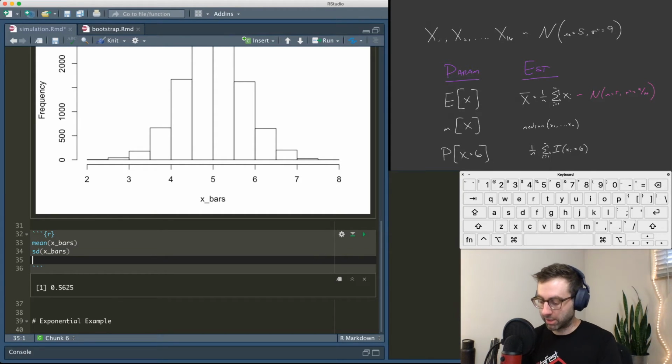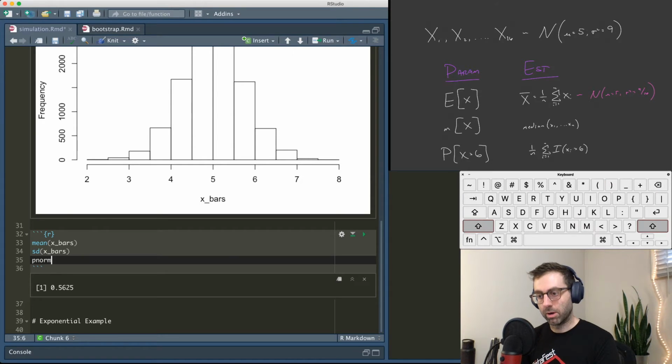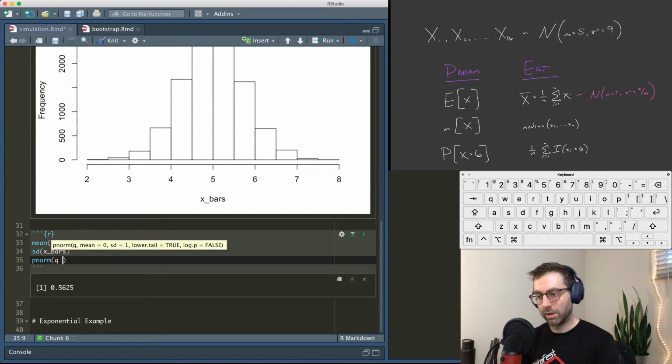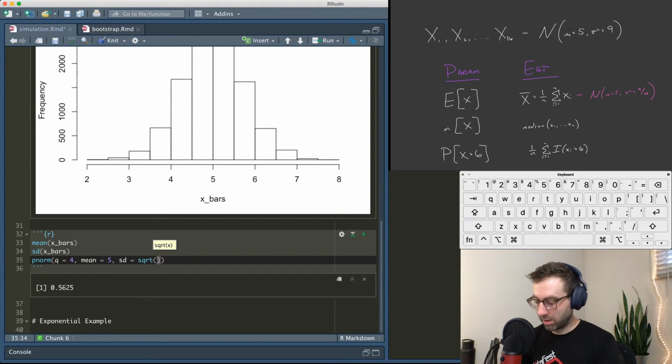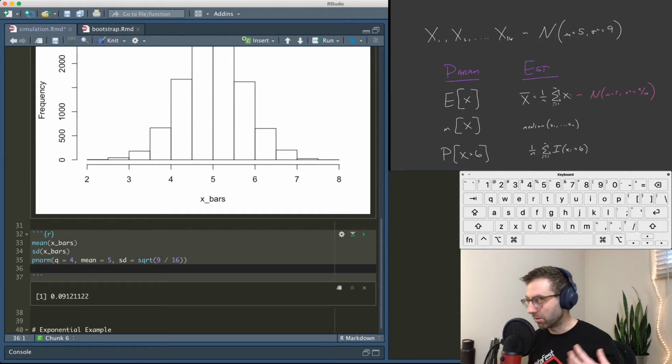We could also look at things like, well, we know that distribution. So if we did something like pnorm of, let's say, 4 with a mean of 5 and a standard deviation of the square root of 9 divided by 16, that's the probability that a randomly selected sample mean is less than 4, which is like 0.09.